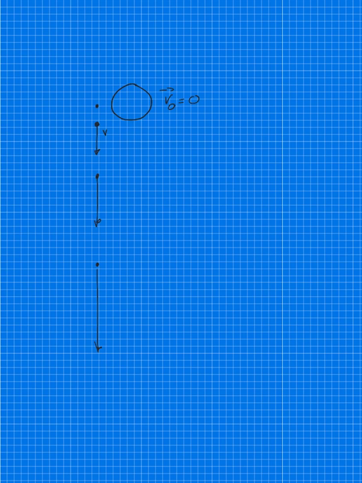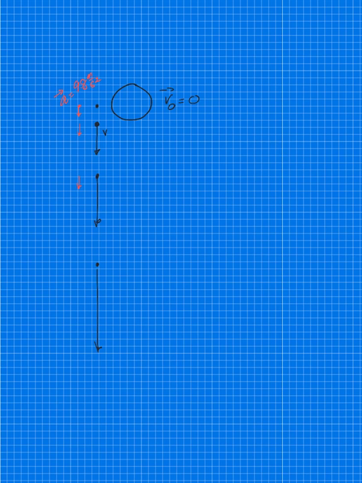And then my acceleration vectors would look like this. My acceleration the whole time would be 9.8 meters per second squared downward, right? So that's never changing. At every moment in time I have the same exact acceleration.